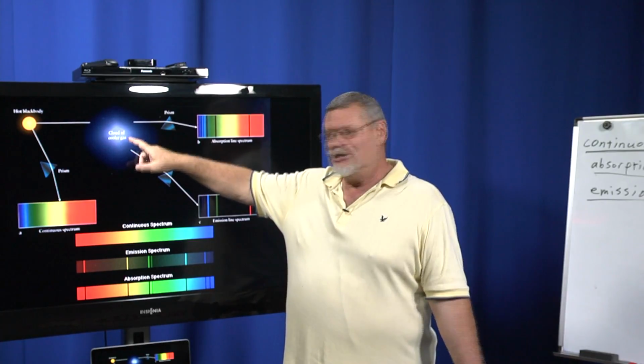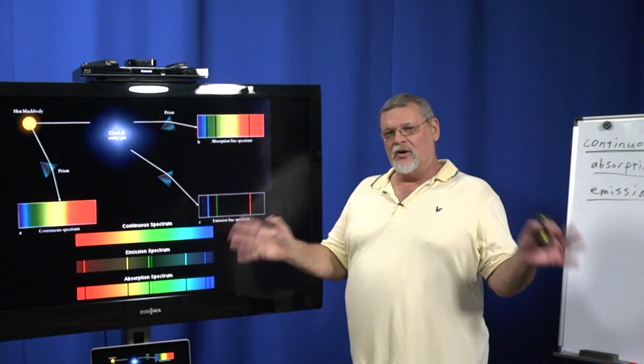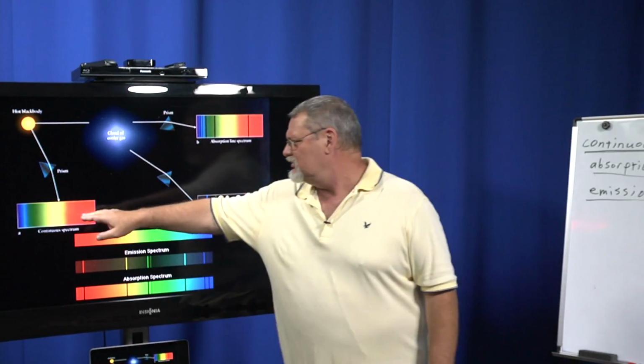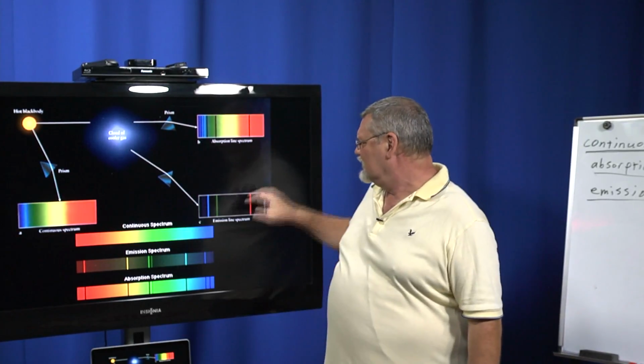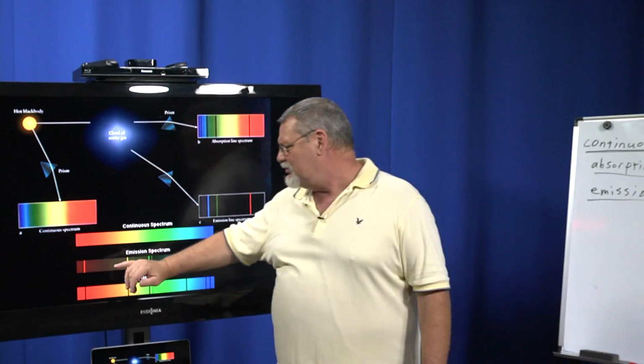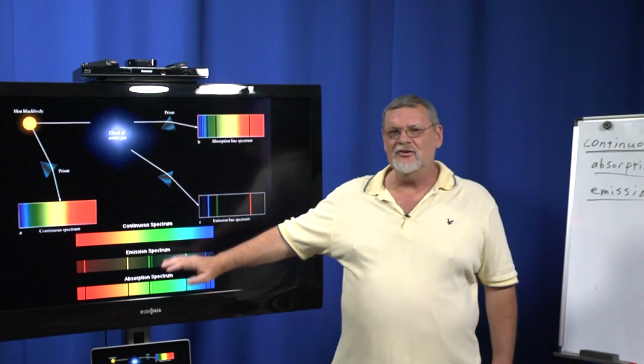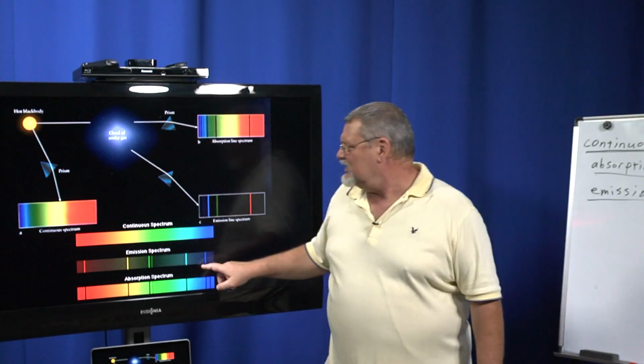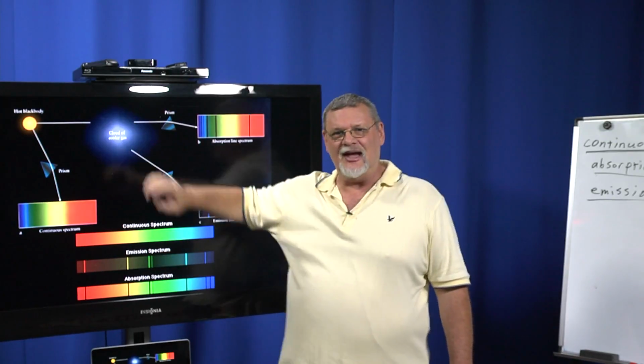Now, as the gas gets thicker, and it starts to become closer and closer, and the molecules are interacting more, it's going to become more and more like a continuous spectrum. Don't worry about it. For our purposes, we have these three: continuous spectrum, absorption line spectrum, and the emission line spectrum. But I want to point this out because we can use this. We can tell, based on how much it's filling in, how dense this gas is.